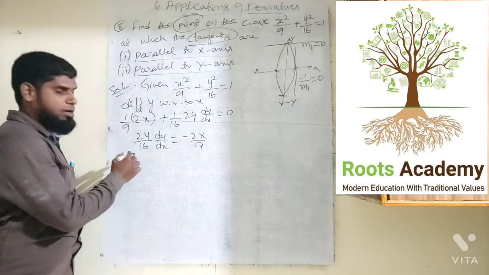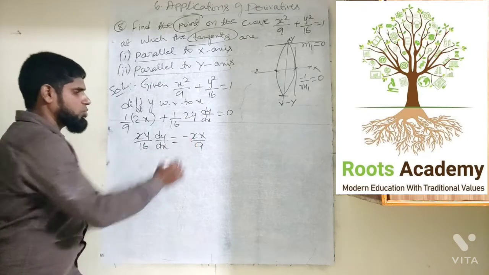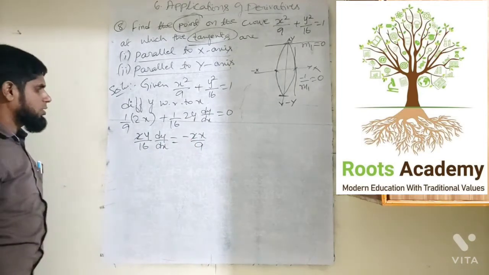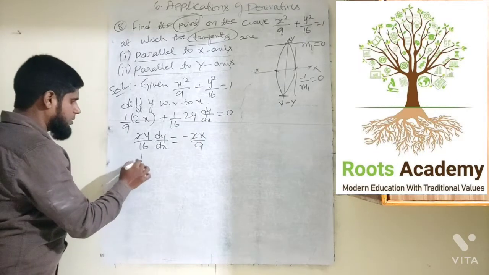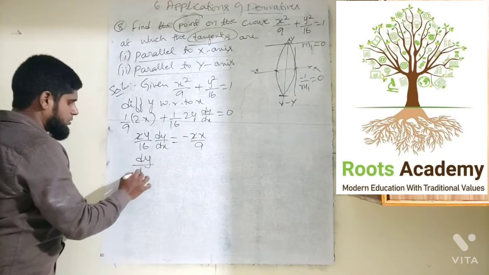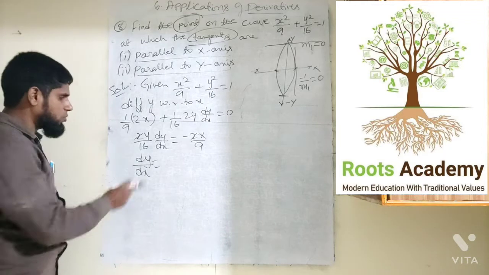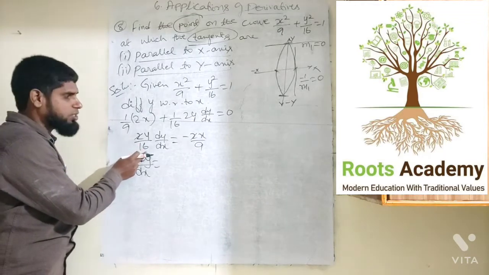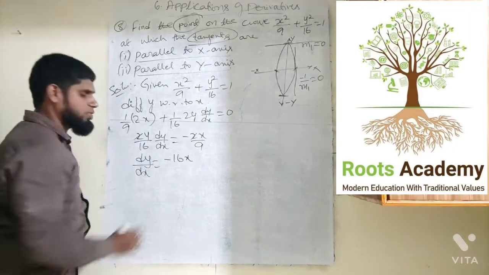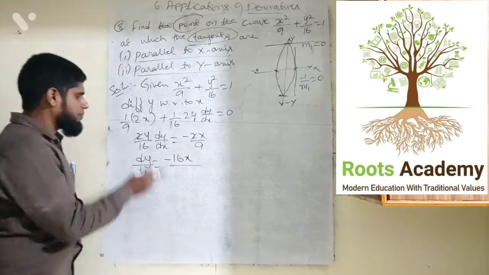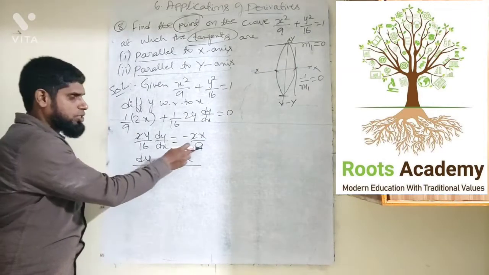So student, here on left hand side and right hand side, 2 and 2 get cancelled. And if you do the cross multiplication, the next step, I will get dy by dx is equal to, this denominator 16 goes to the numerator. So it becomes minus 16x divided by 9y, as y comes to the denominator.